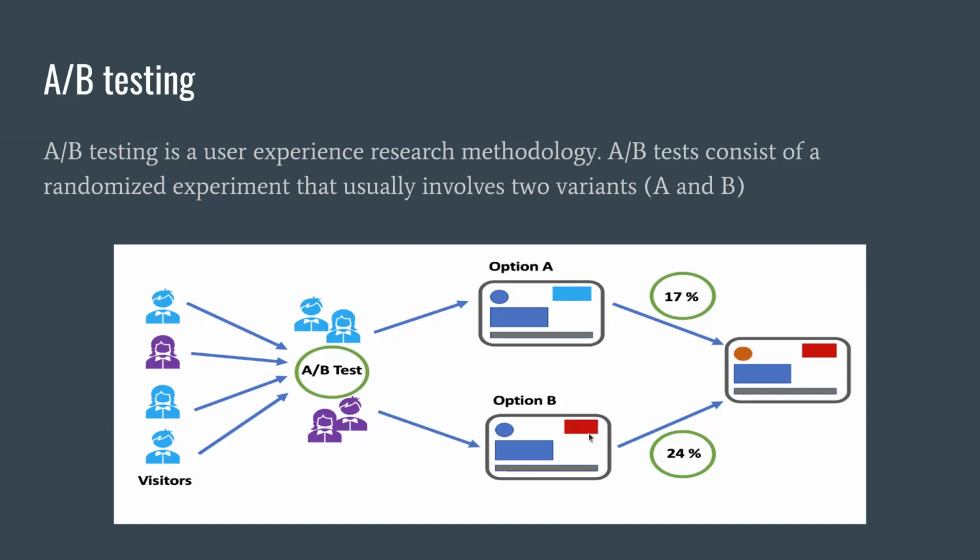Option B has a red UI component on the top right, and we want to see how likely this will lead to retention of the visitors, or how likely this will lead to any purchase.